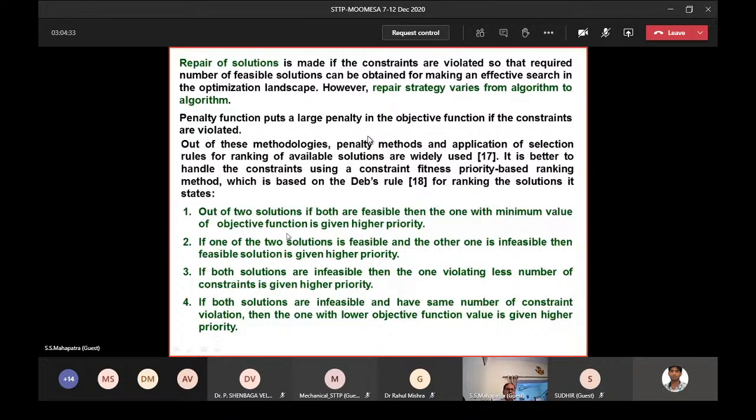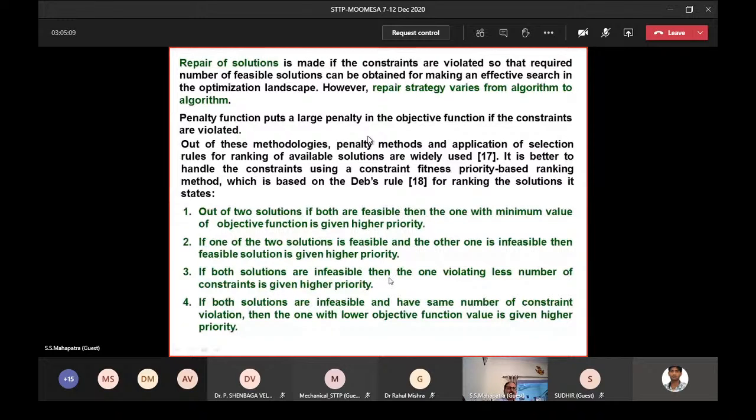If one of the two solutions is feasible and the other is infeasible, then the feasible solution is given higher priority. If both solutions are infeasible, then the one violating fewer constraints is given higher priority. If both are infeasible and have the same number of constraint violations, then the one with the lower objective function is given higher priority. So these are the four rules adopted while prioritizing solutions based on the violation of constraints.